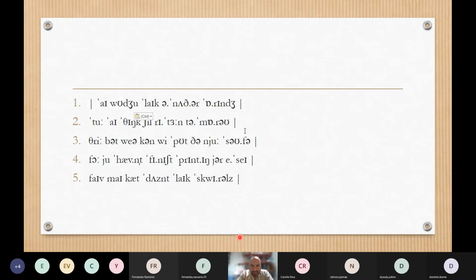Like another orange. So if you look at the transcription: would you like another orange.